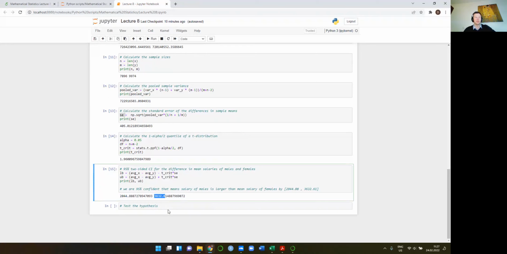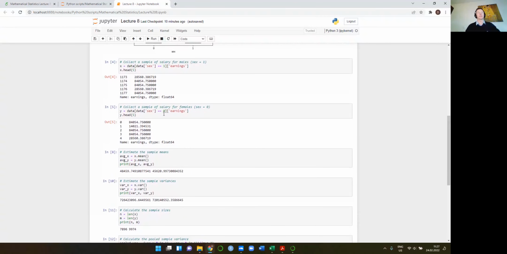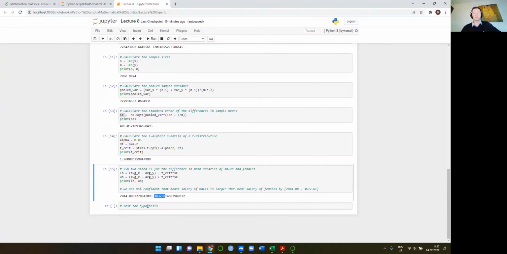So there is still a difference. Maybe economically it's not significant, since $2,000 is probably a yearly salary, so an annual salary. Maybe economically it's not that huge a result, but still this is far from zero, which means that these two samples, the sample of males and the sample of females, are different from each other.